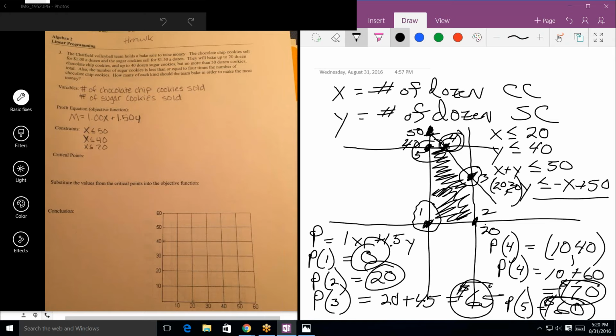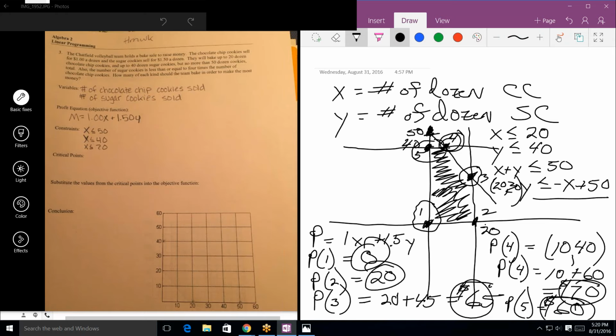The critical points are 0, 0; 20, comma 0; 20, comma 30; 10, comma 40; and 0, comma 40. Those are the 5 critical points. That's what they mean by critical points, the vertexes of that object.